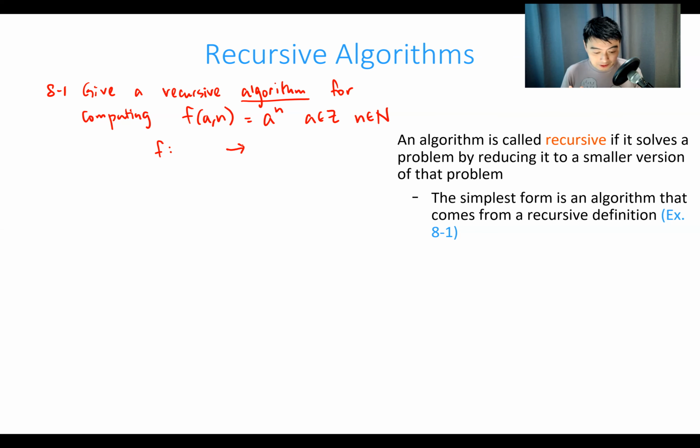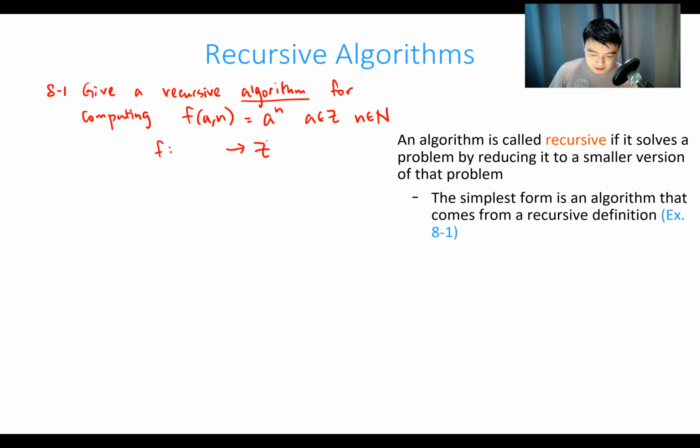So I'm going to start with the codomain because the codomain says what kind of answers, what kind of outputs can you get from this function? The answer here is you can get integers. So when I calculate a to the power of n, they're always going to be integers as an output, right?